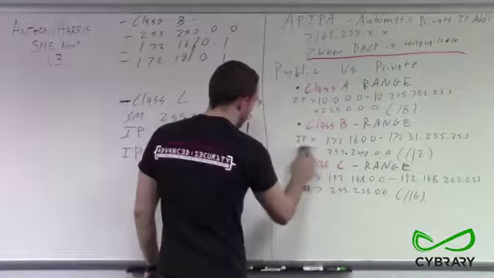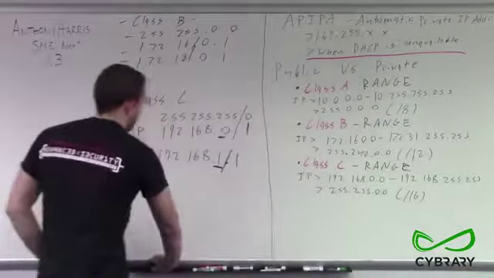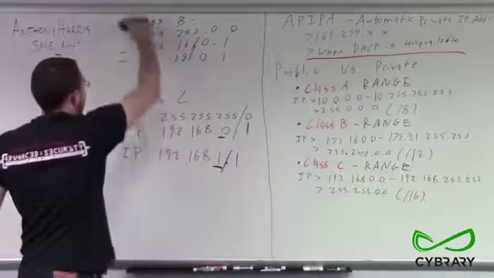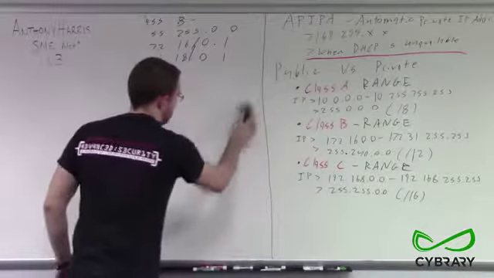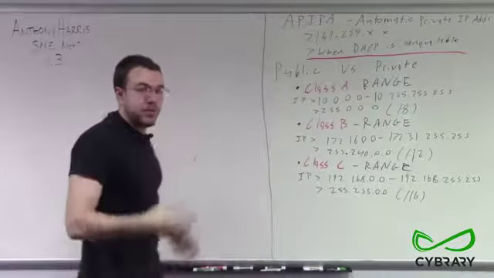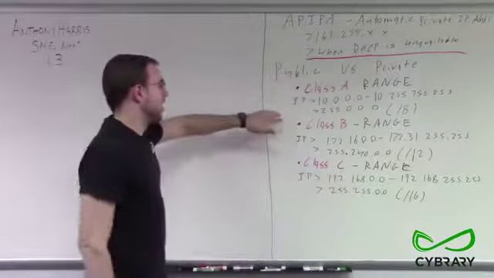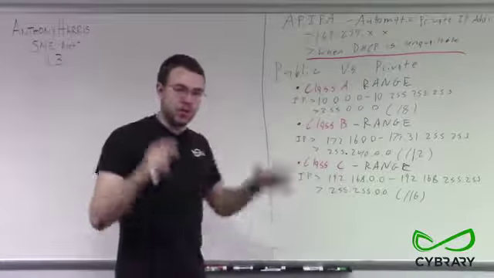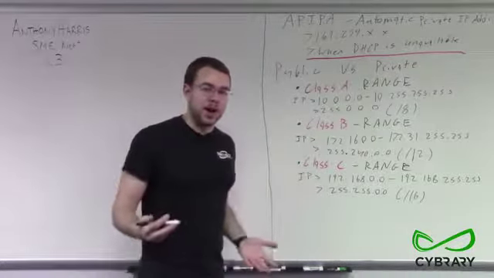So don't get these two confused, or these different masks confused. You want to worry more about our default masks for our classes when we're setting up our networks than you want to be concerned about our masks that we're using when we're stealing addresses from our public range.